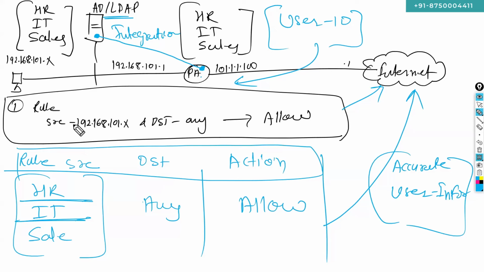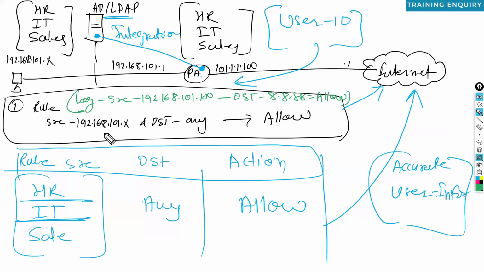When we deploy an IP-based policy, there can be a log on the firewall, like the source was 192.168.101.100 and the destination was 8.8.8.8, and that session was allowed through the firewall.